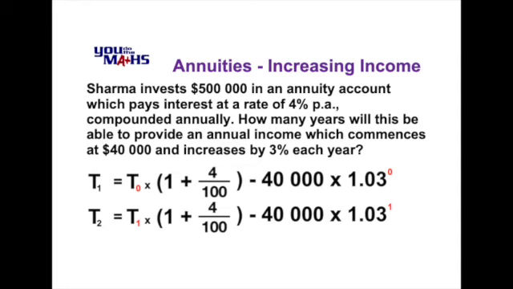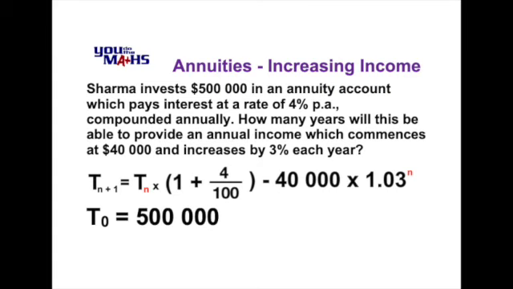So we can summarize our rule as follows. We can say that the amount in the account at any year is equal to the amount in the previous year. We have our percentage increase, which is represented by 1 plus 4 over 100. And then we take away 40,000 multiplied by 1.03 to the power n. And the reason why it's to the power n is because it matches the number at the front of our formula just after the equals sign.